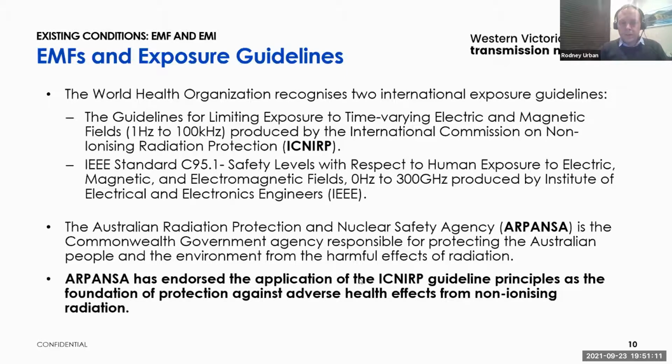Now, the Australian Radiation Protection and Nuclear Safety Agency, or ARPANSA, is the Commonwealth Government's agency responsible for protecting Australian people and the environment from harmful effects of radiation, including non-ionizing, extremely low frequency electric and magnetic fields. ARPANSA was formed in 1998, and since its formation, it's been doing research, and reviewing the research that has been done.